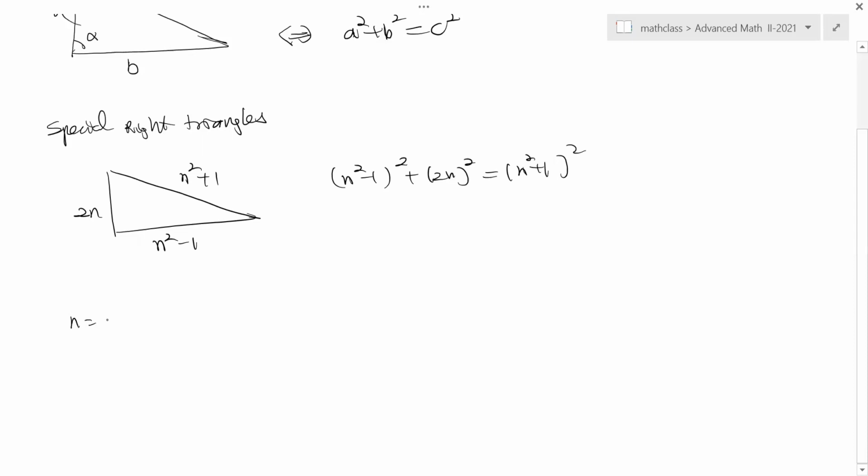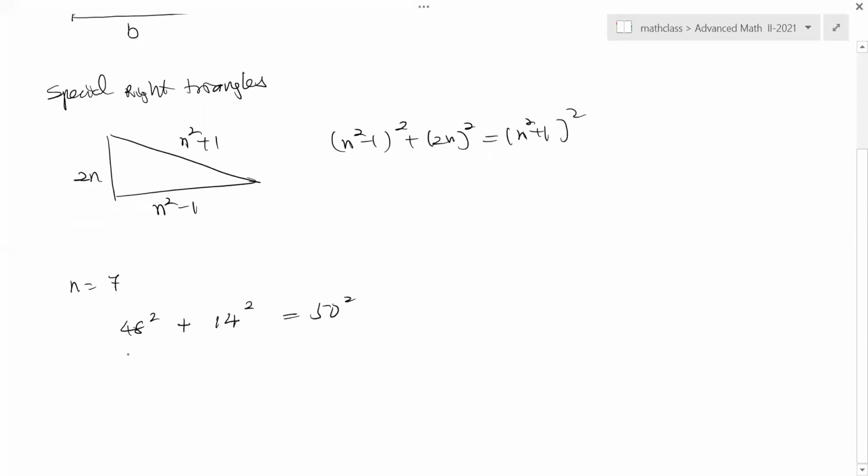For example, n equals 7, right? Then 7 squared is 49, and minus 1 is 48, and 2 times 7 is 14, right? And that's 50, because 49 plus 1. Then because all the numbers are even, you can divide by 2, and then you get 24, 7, 25.